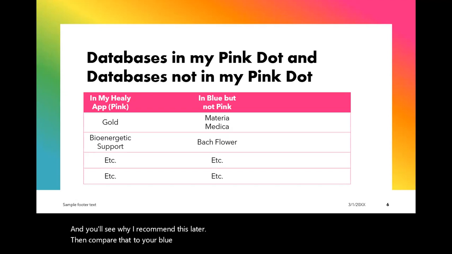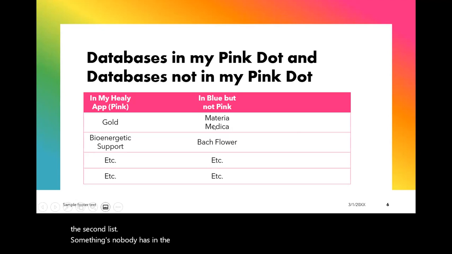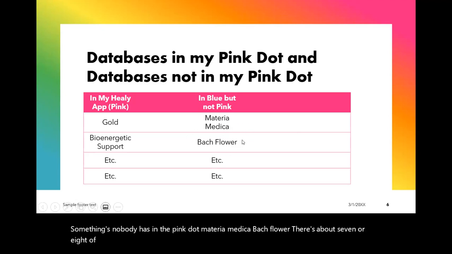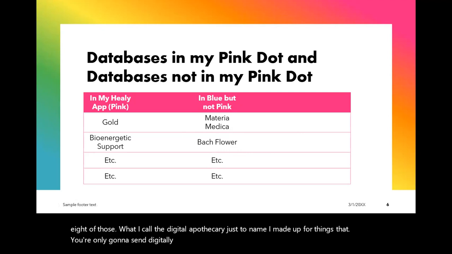If it's in your Blue Dot, but not in your Pink Dot, put that in the second list. Some things nobody has in the Pink Dot, like Materia Medica, Bach flower. There's about 7 or 8 of those, what I call the digital apothecary, just a name I made up for things that you're only going to send digitally or by resonance.